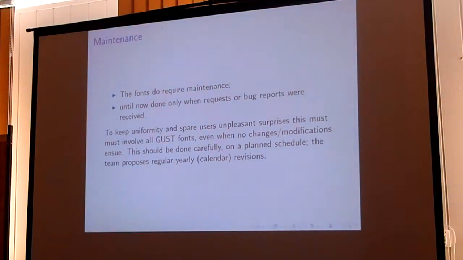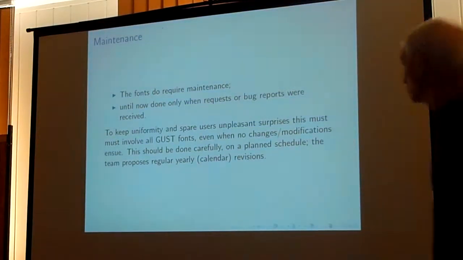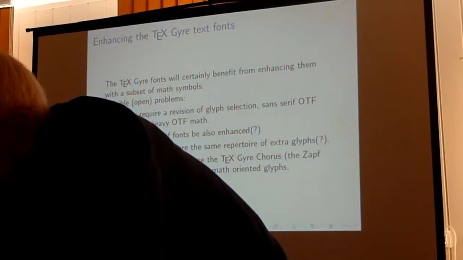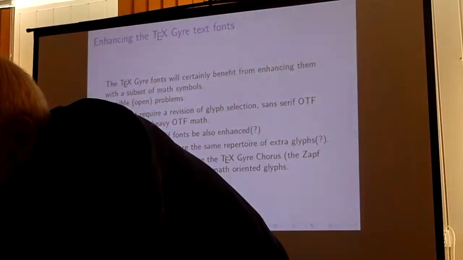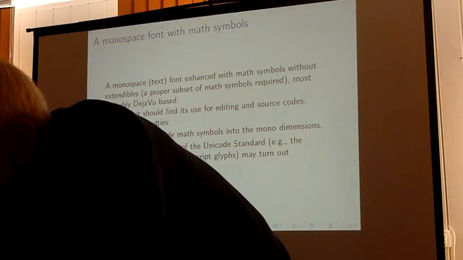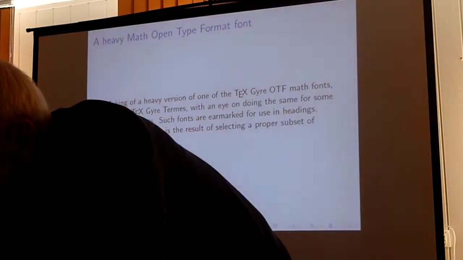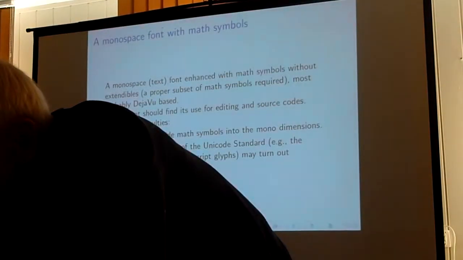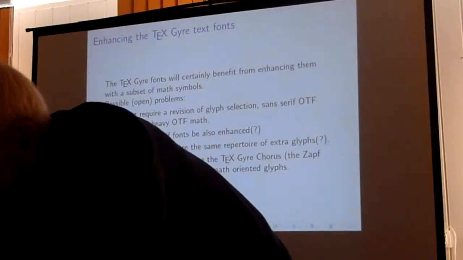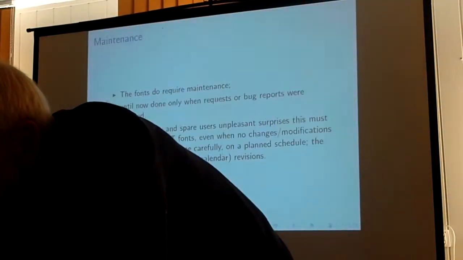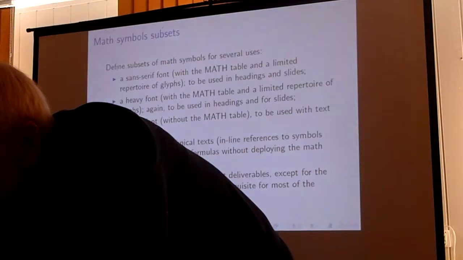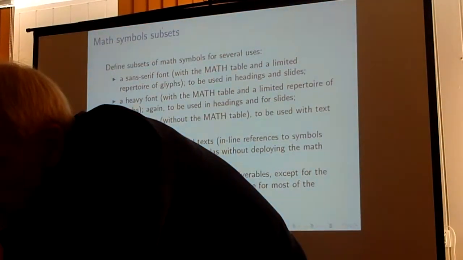I think that Latin letters, basic operators like plus, minus, and equal, and some punctuation will be enough. But the most important is not the size of the set, but that it will be in some way complete.